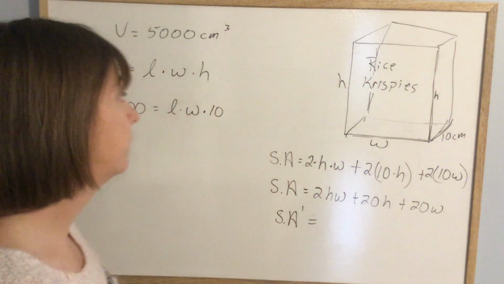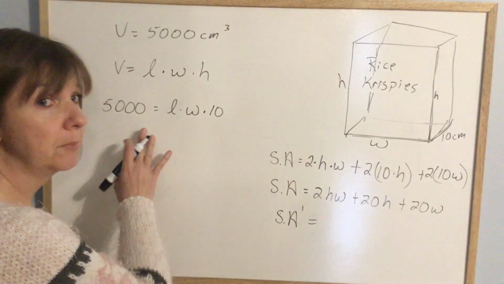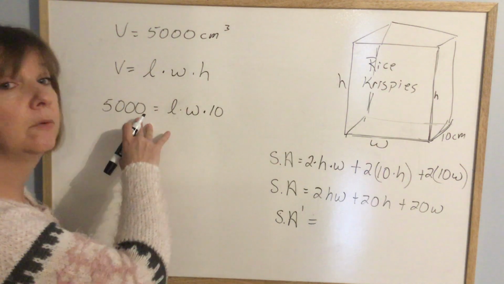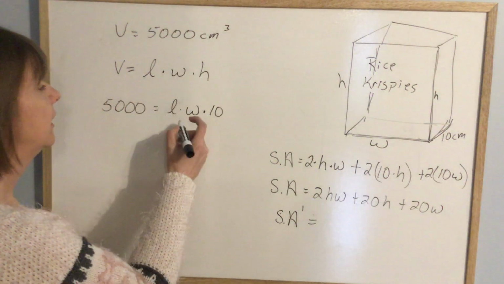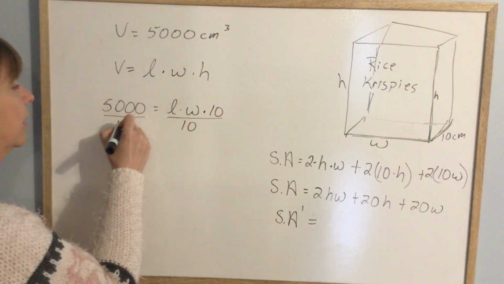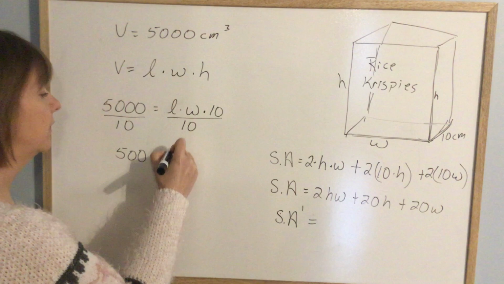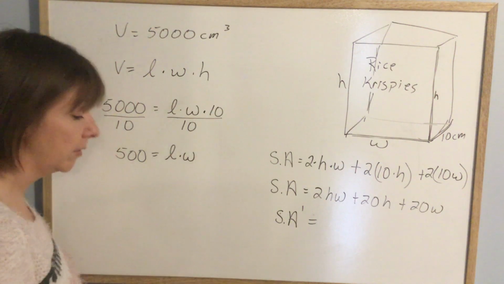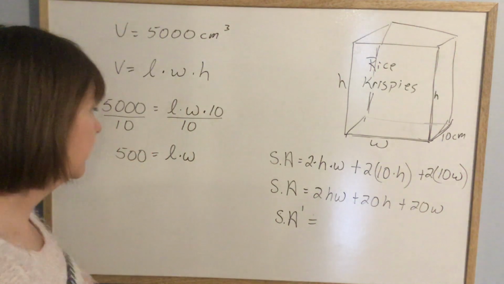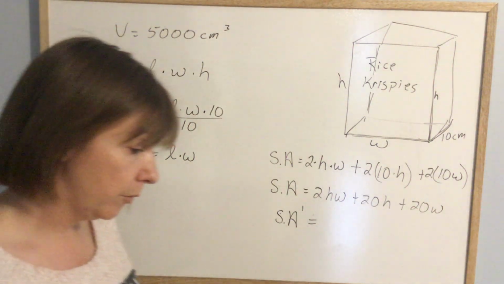That's why we have this seemingly random information over here. What I can do with it is divide this side by 10, so I have 500 is equal to length times W. And then I can actually isolate one of those letters.